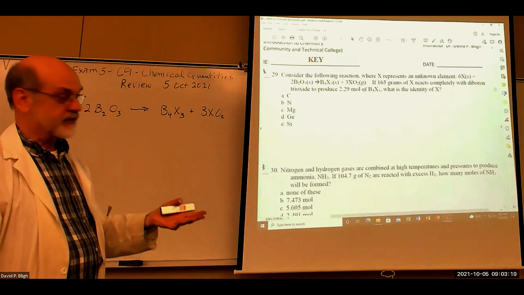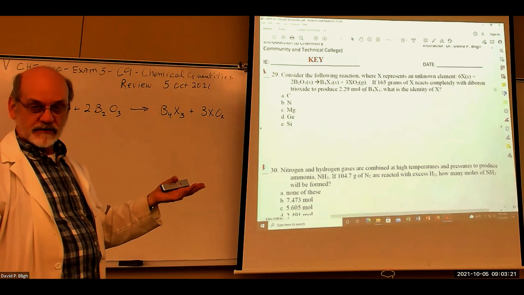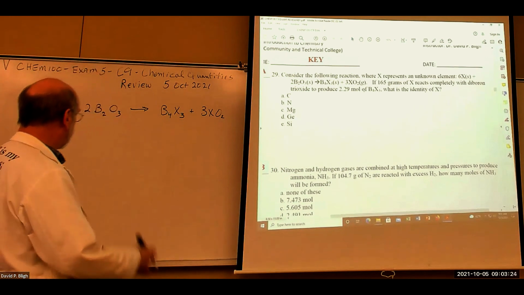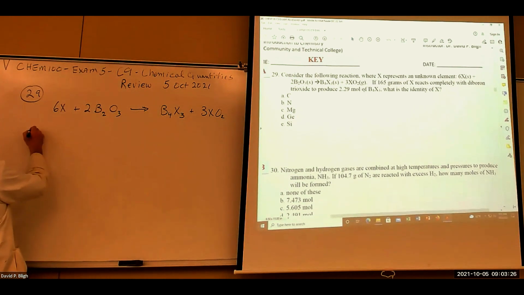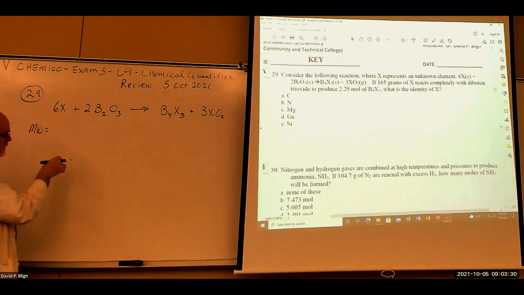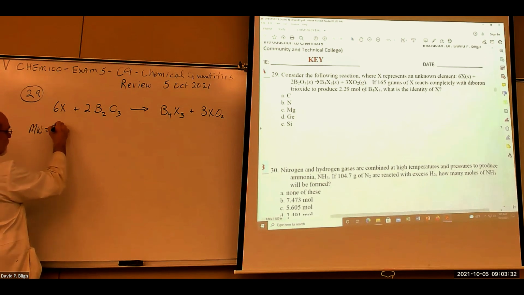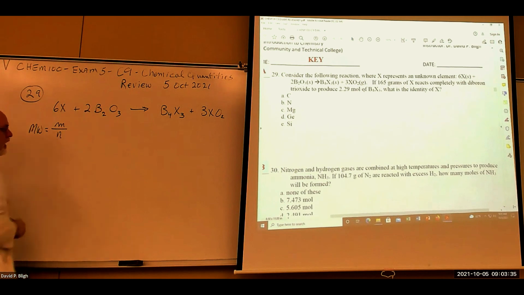But that's our only choice. We don't have any other choice. So how do you do molar mass? Well, you need molar mass, or molecular weight. That's the way I abbreviate it. You need mass per moles.